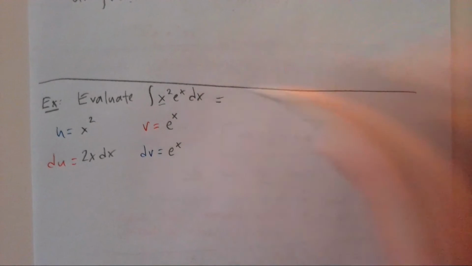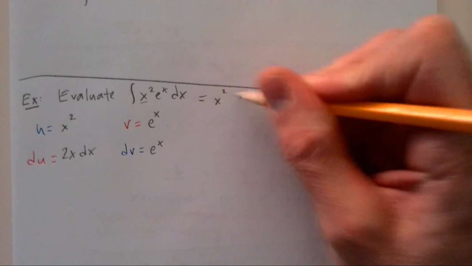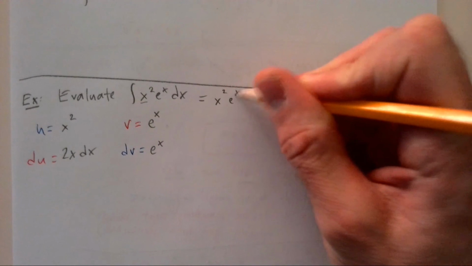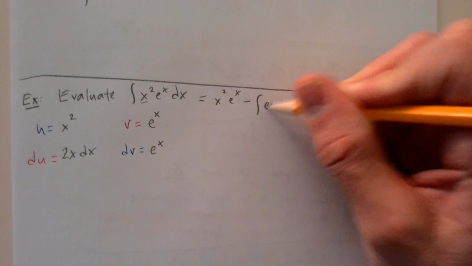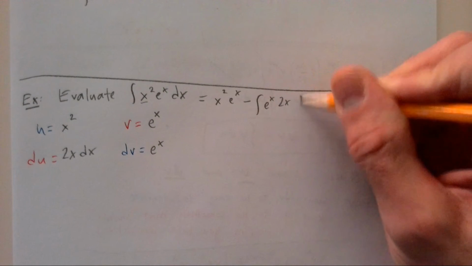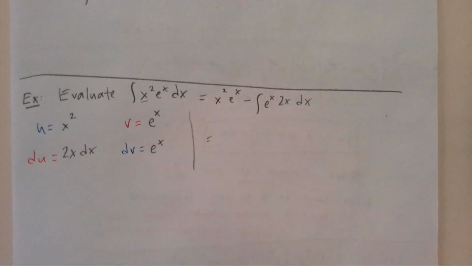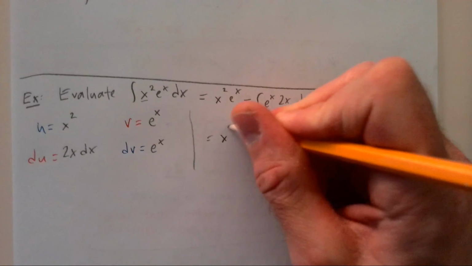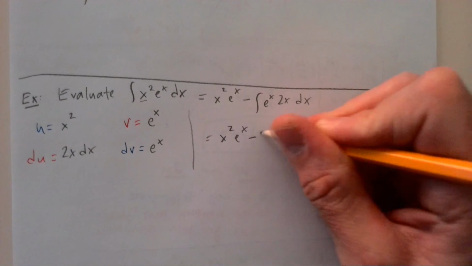So now when I apply integration by parts, that's going to be uv minus the integral of v du. Okay, so now we are in new territory. Like I mentioned, we're going to have to do integration by parts again.